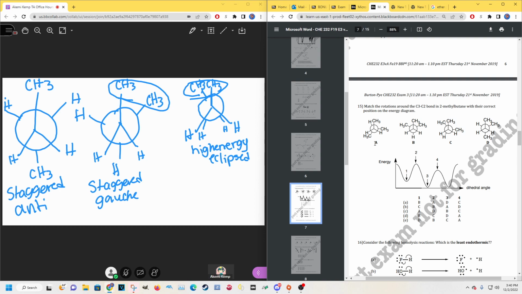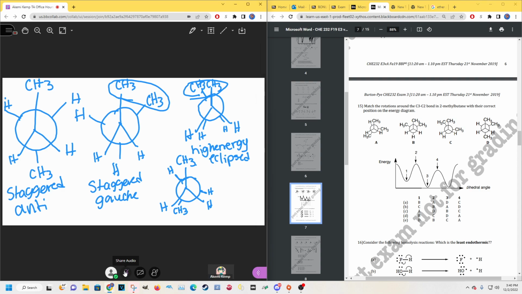And then you have the low energy one, which looks like this. So let's say you have CH3, then you have H, you have CH3 down here, and then the other H is right here, I think. So let me draw this one on the other side. There.